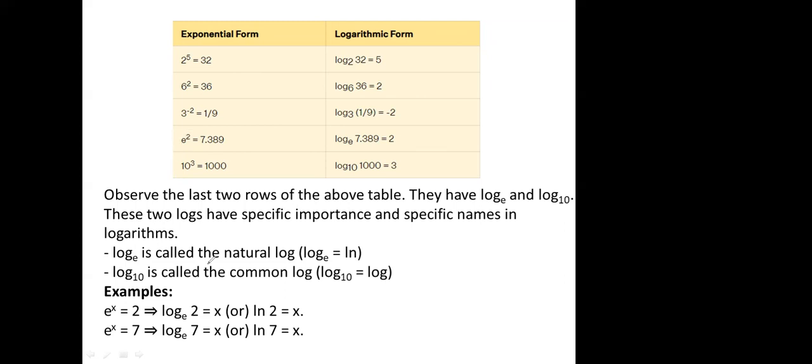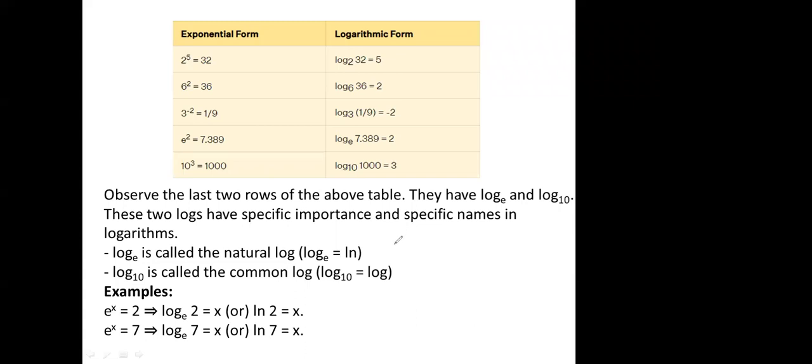The logarithm with base e is called the natural logarithm, and the logarithm with base 10 is called the common logarithm. When we have a logarithm with base 10, we don't write the base. When we have a logarithm with base e, we just write ln.